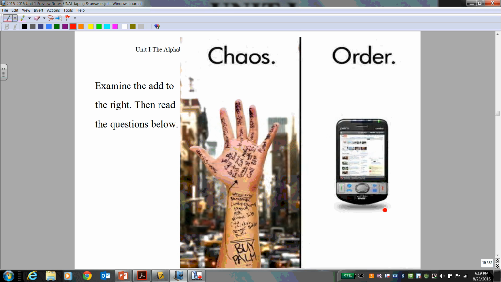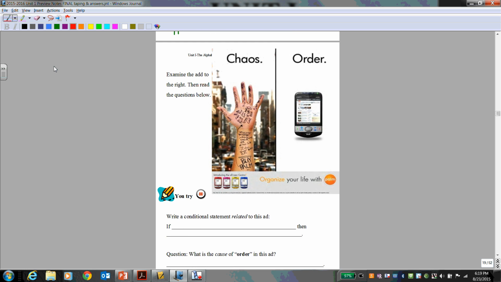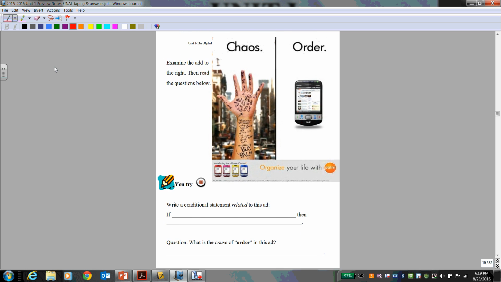Here's another ad. I'd like you to stare at this ad for a minute, and then write a conditional related to this ad, and then ask yourself, what is the cause of the order? You're going to fill that out yourself.